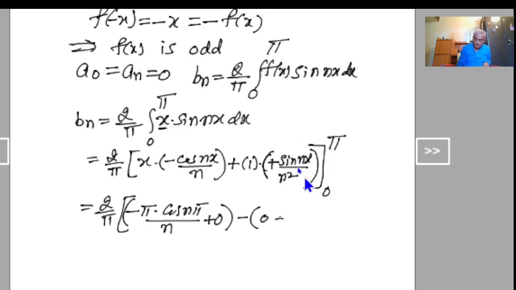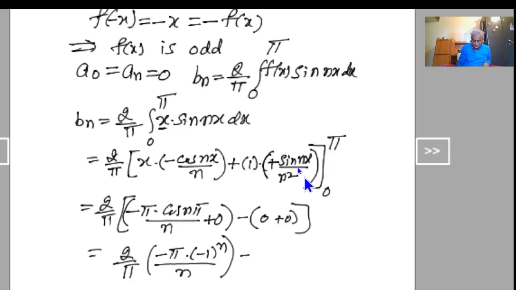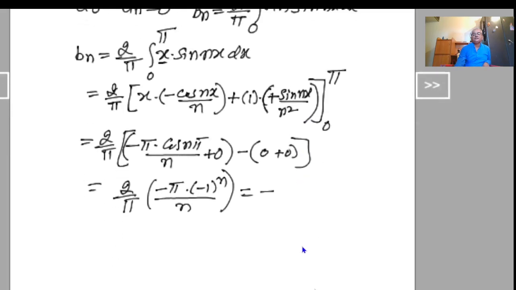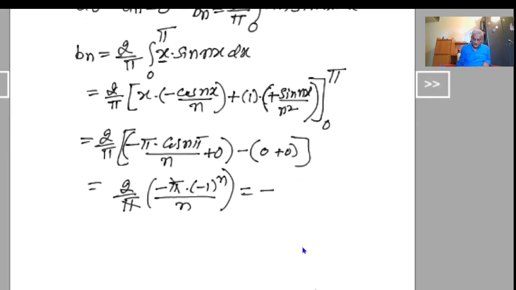So the lower limit is just 0 plus 0. So this is equal to 2 by pi into minus pi, and what is cos n pi value? This is minus 1 to the power of n divided by n. Here pi gets cancelled, so it is minus 2 into minus 1 to the power of n divided by n. So this is our bn.